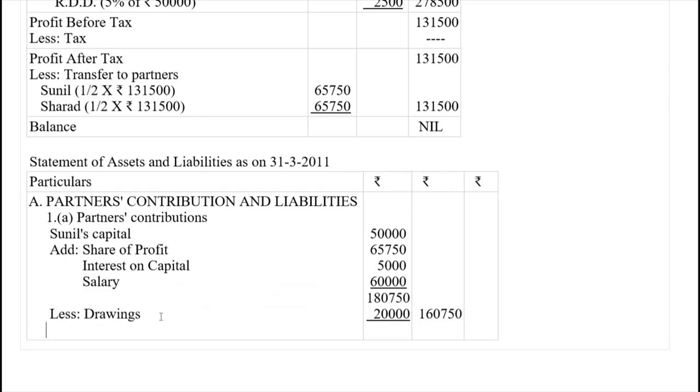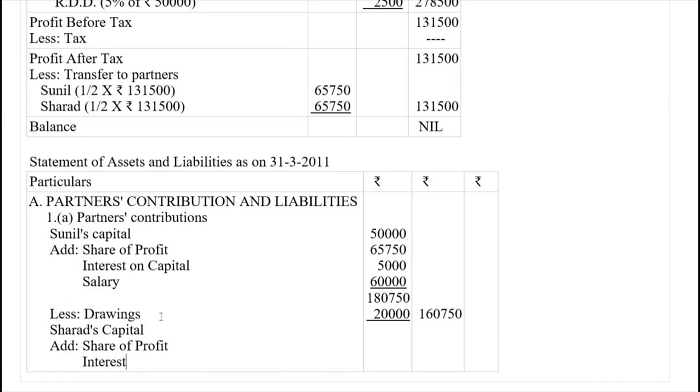Then similarly, we should take Sharad's capital. To this, we should add share of profit. Then we should add interest on capital. Then we should deduct drawings made by him.